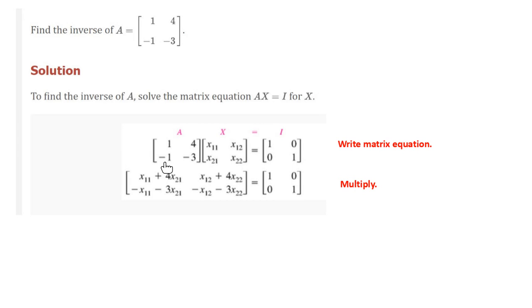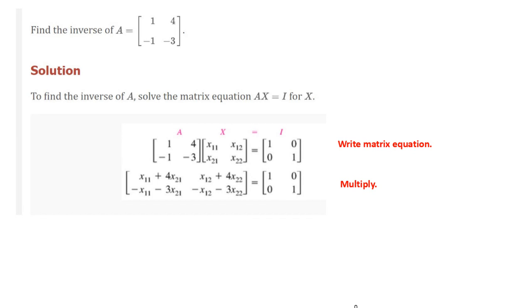And then I would go to the second row, negative 1 times x11 gives me negative x11. And then negative 3 times x21 gives me negative 3x21. And last, negative 1 times x12 is right here. And negative 3 times x22 is right here. On the right side, your identity just stays the same.